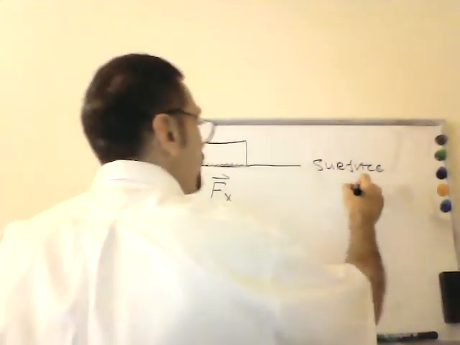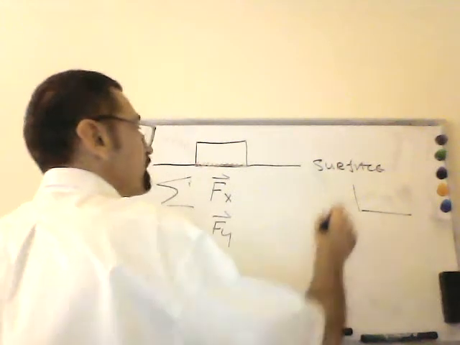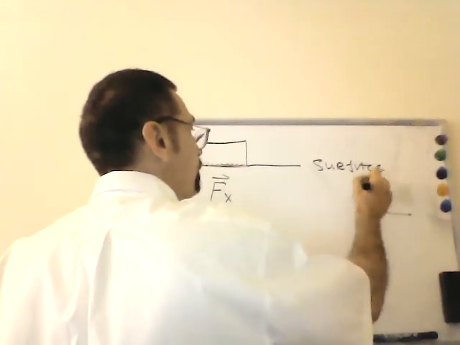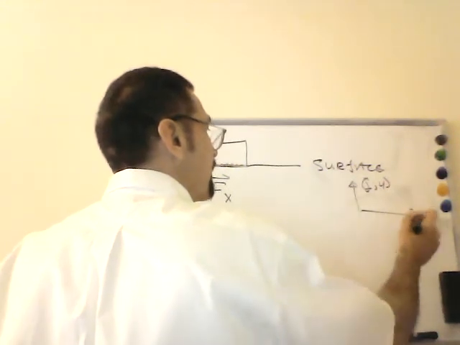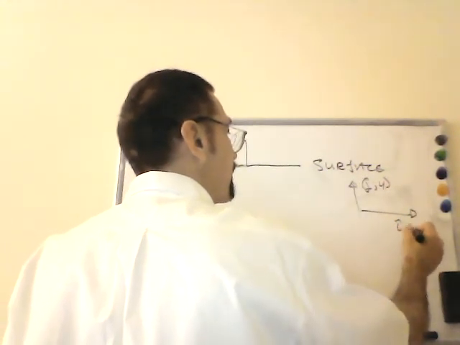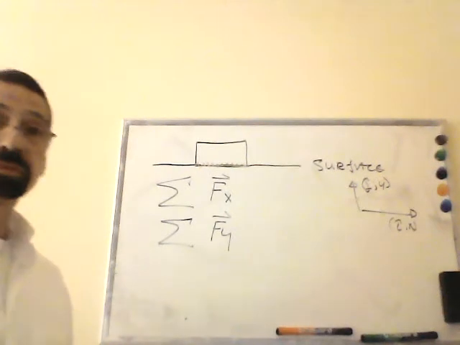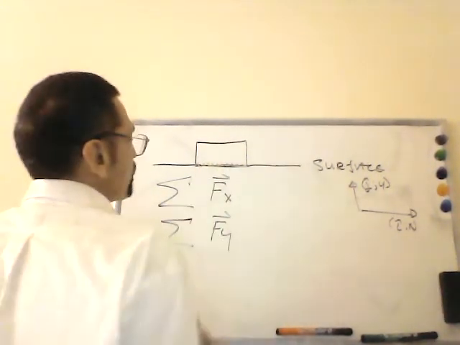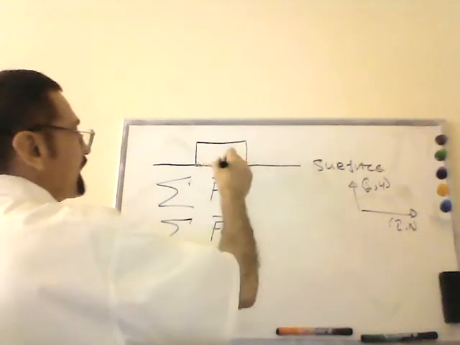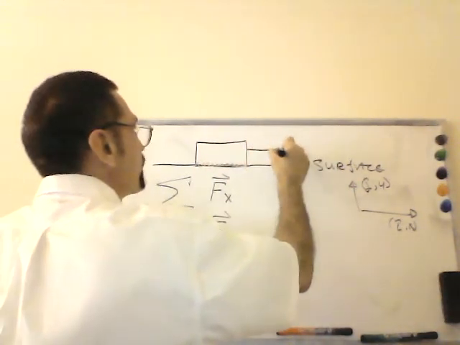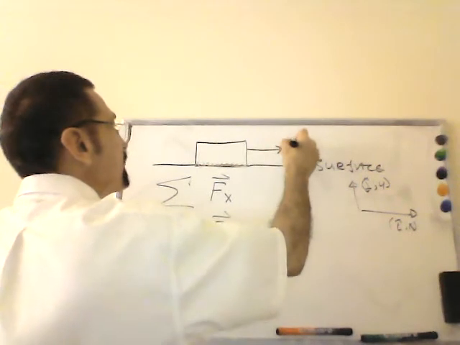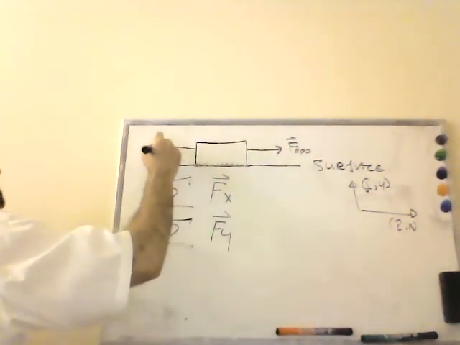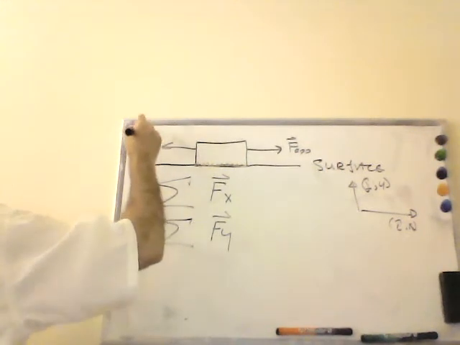Where our coordinate system will be denoted by the unit vector j hat for the y direction, and the unit vector i hat for the x direction. Now, if we sum the forces along x, let's say that we bring in an applied force, and there will be a resistance here that is known as the frictional force.